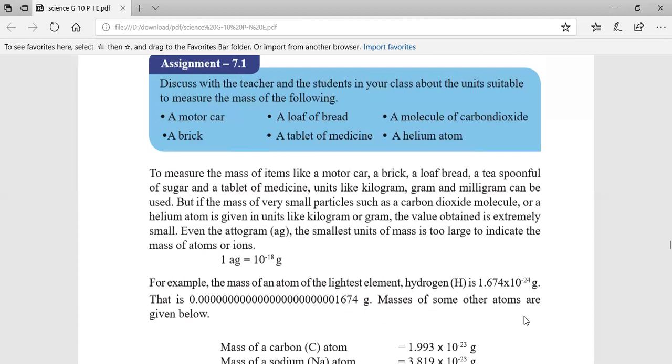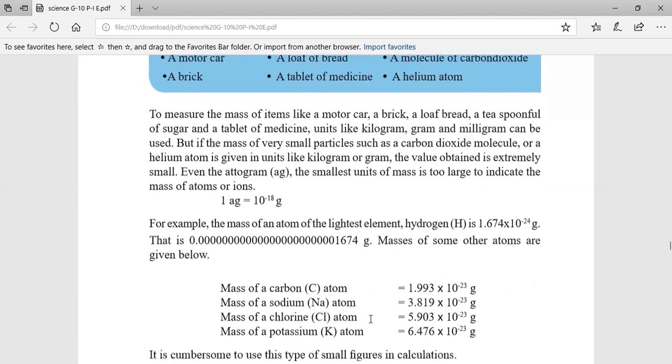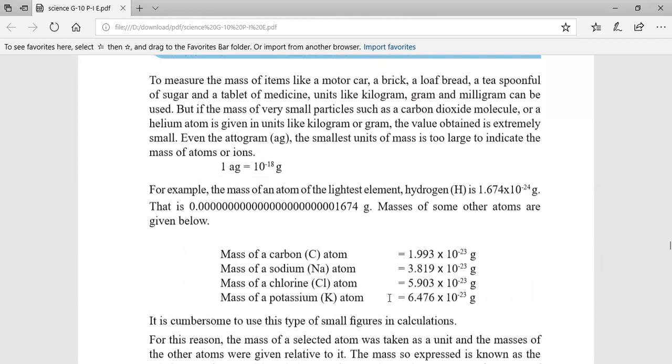Masses of some other atoms are here. Hydrogen is the lightest atom. We'll see other atoms here: the mass of carbon in grams, then the mass of a sodium atom, a chlorine atom, and a potassium atom.